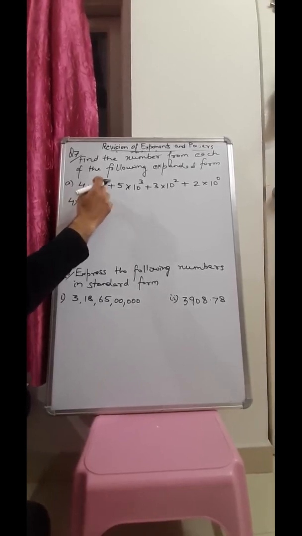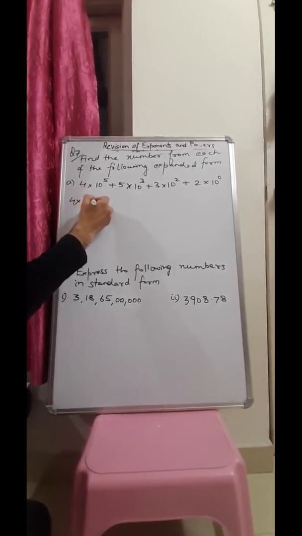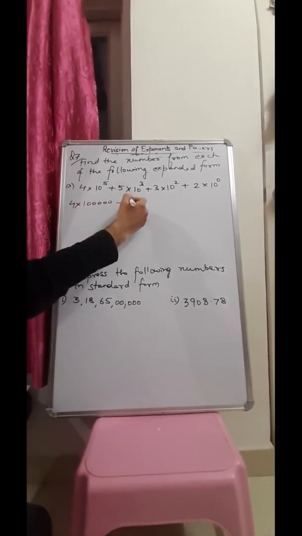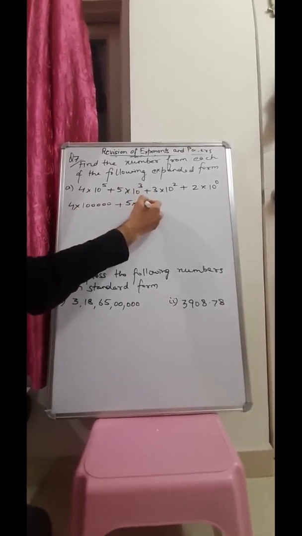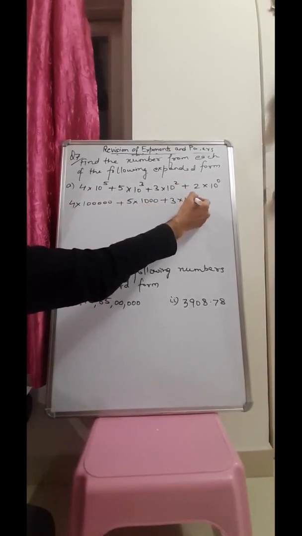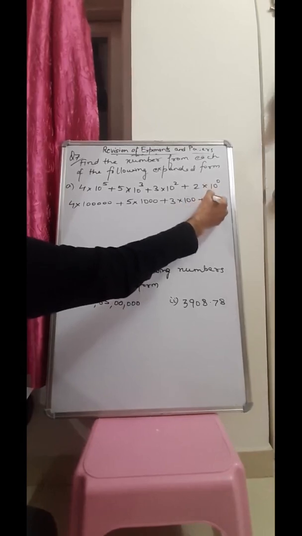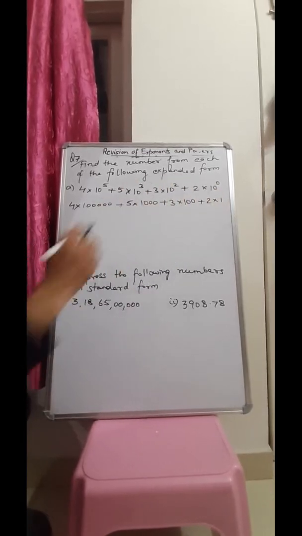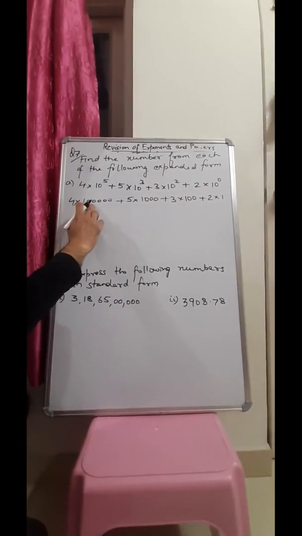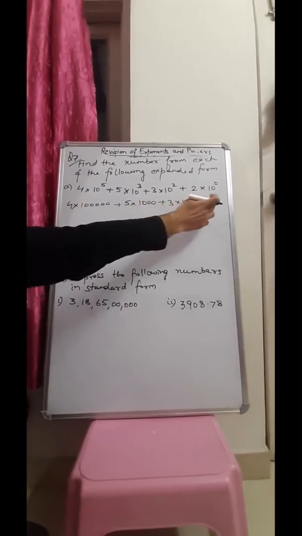So this 10 raised to power 5 means it will get multiplied by 1 lakh, plus 5 into 10 to power 3 means 5 into 1000, plus 3 into 10 to power 2 means 3 into 100, plus 2 into 1. So now here it is 1 lakh, it is 1000, it is 100, it is 1.